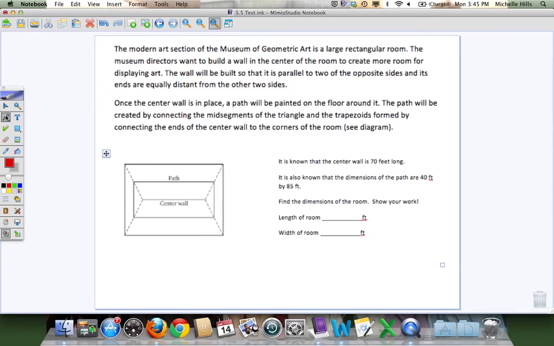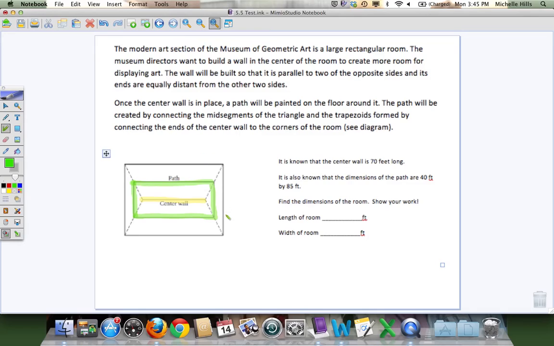Now, in this situation, they have this wall right here where they're showing pictures or artwork or something on both sides of that wall. They want to create a path around that wall so people could walk on this path and see the artwork.